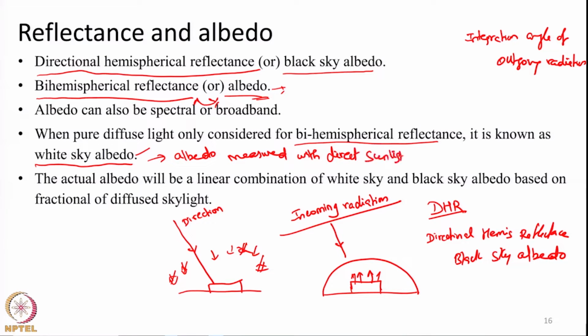I write the word measured, but practically this will not be measured, this will be modeled using some functions. Whereas black sky albedo is albedo without, sorry, this should be without diffuse component.